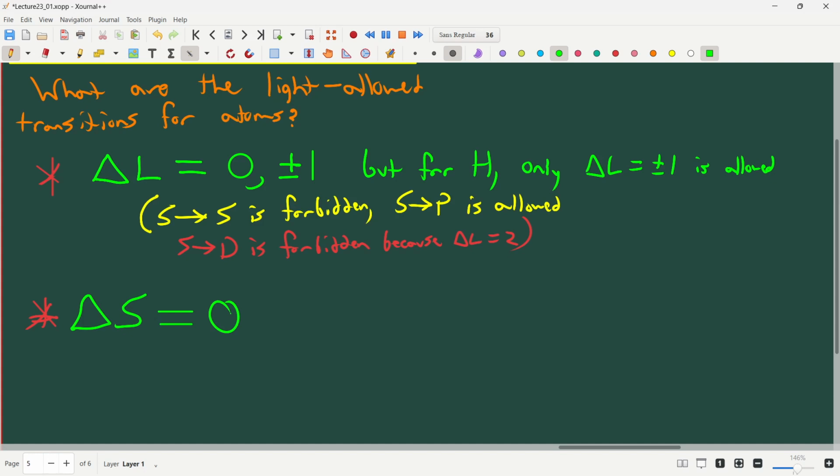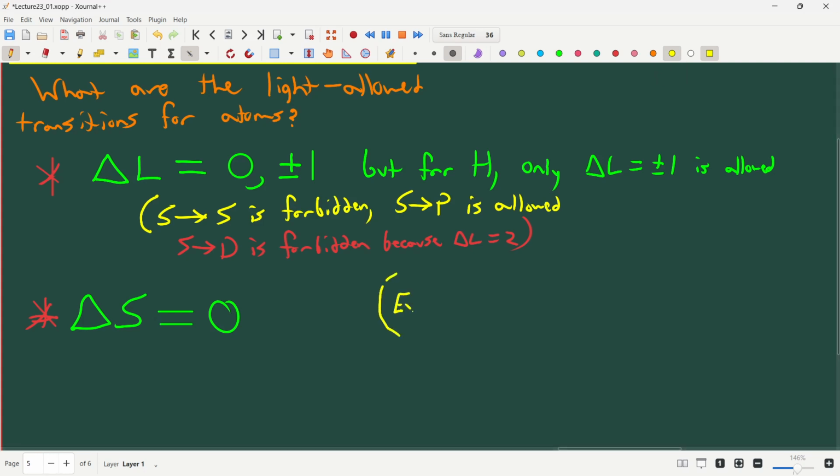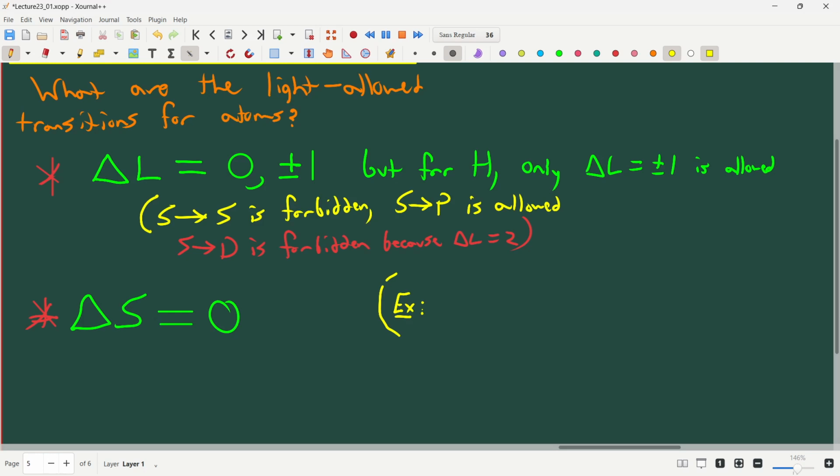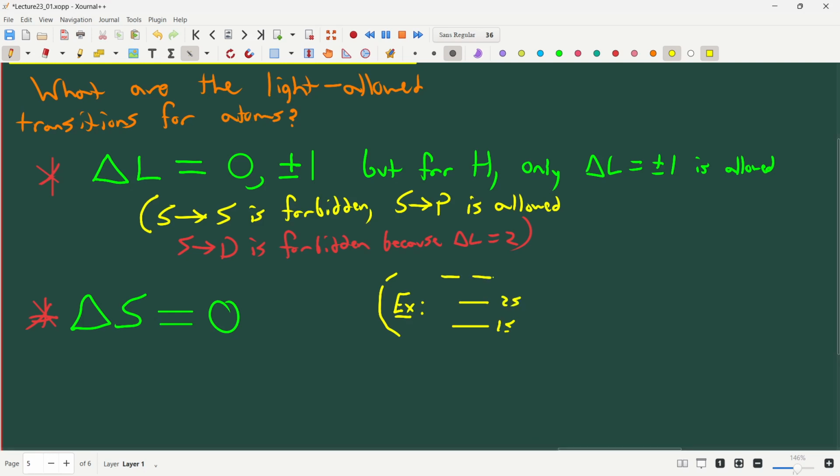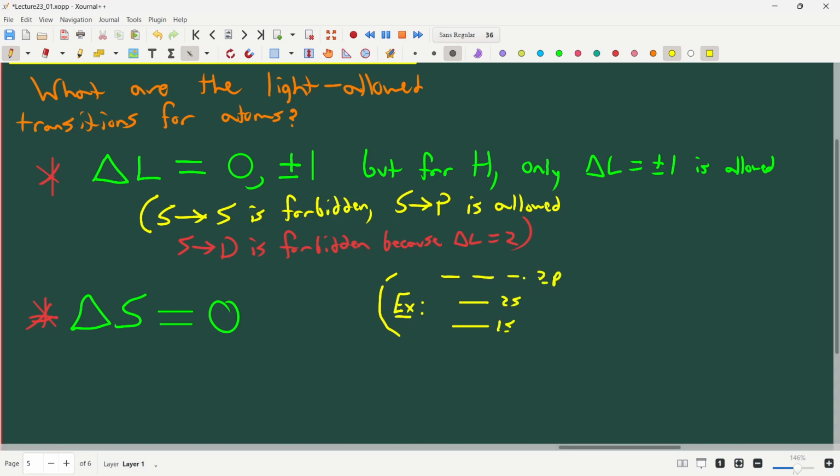Right? In multi-electron atoms, this has a lot of consequences because I'll give you an example. So in hydrogen, it doesn't really matter because there's only one electron. But what if you had something like this? What if you had an electron configuration that looked like this? We've got two P's. Let's put a 1s, 2s.